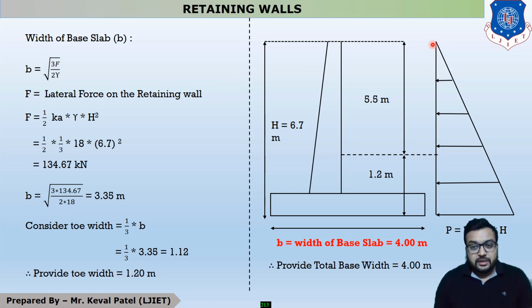Okay, so it is already discussed in our introductory section that with the increase in height, your pressure will be increased. So what is the equation of pressure at the bottom of retaining wall? At the bottom of retaining wall, the equation of pressure is K into gamma into H. Okay, but we have to find out force.